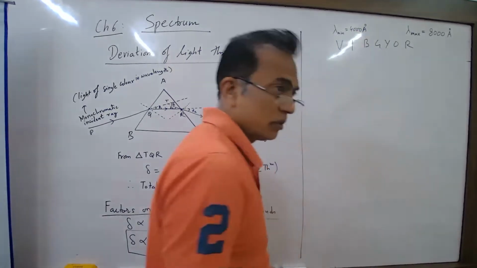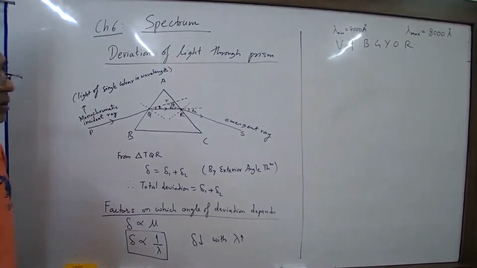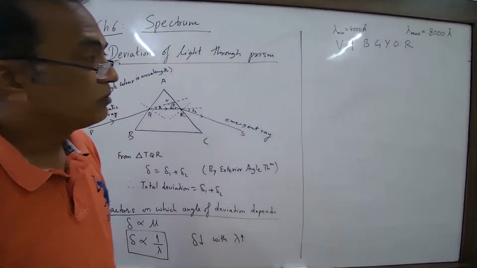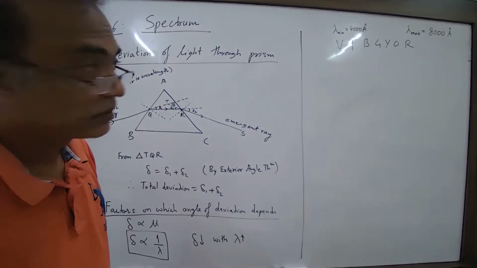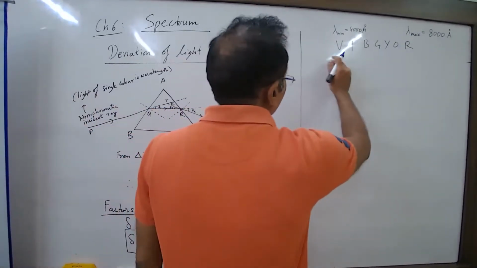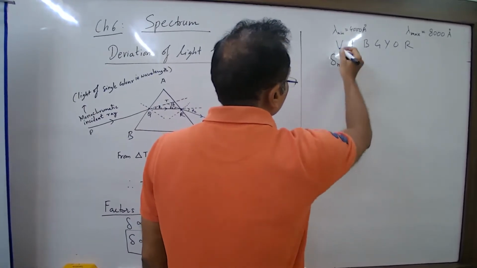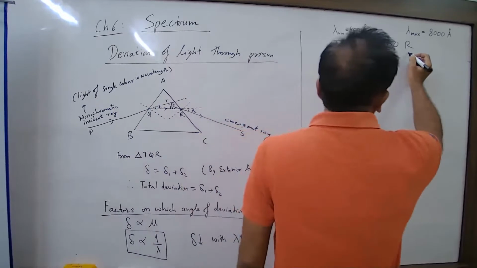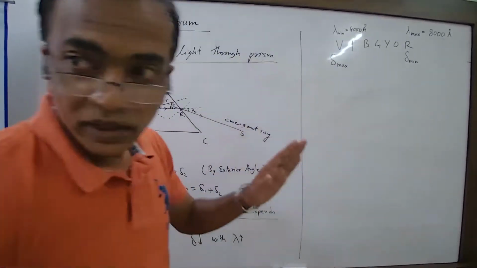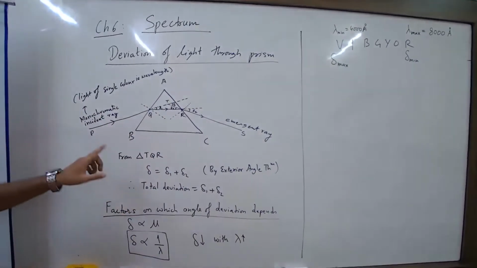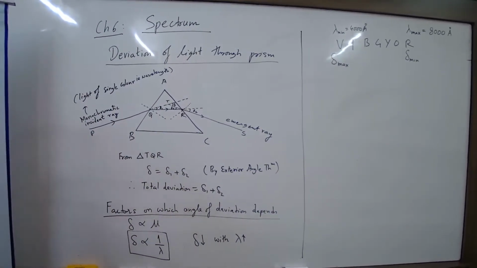Everything else is in between. Okay. So, which ray will face maximum refractive index or maximum deviation? So, deviation will be maximum for violet color. Here the deviation will be minimum. So, red color. So, now if I replace this monochromatic ray with white light, now see what happens.